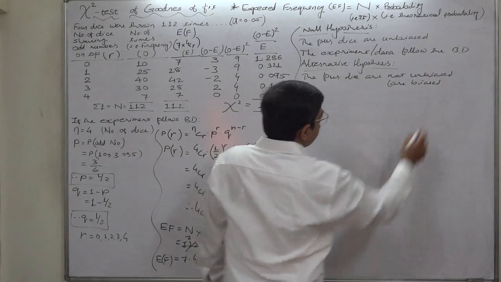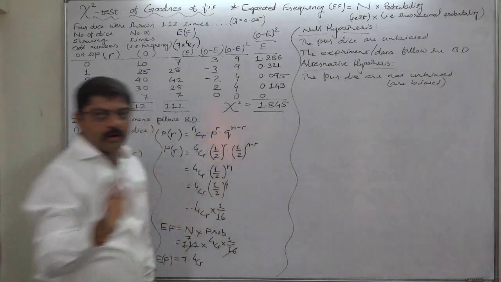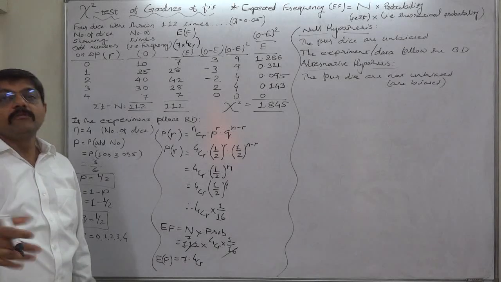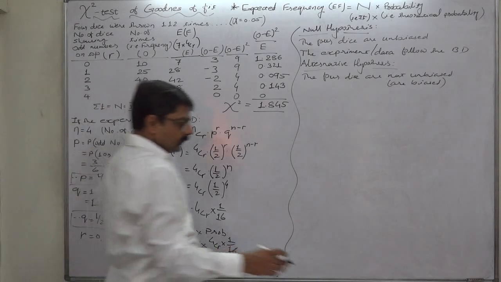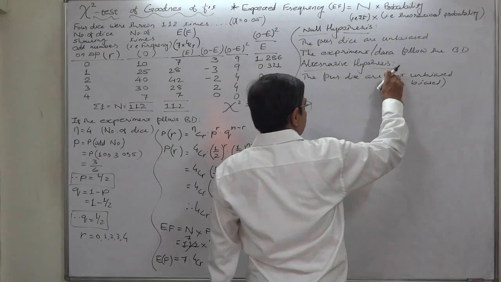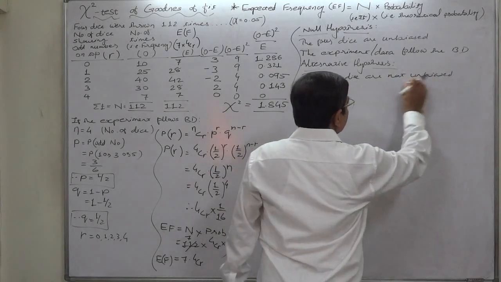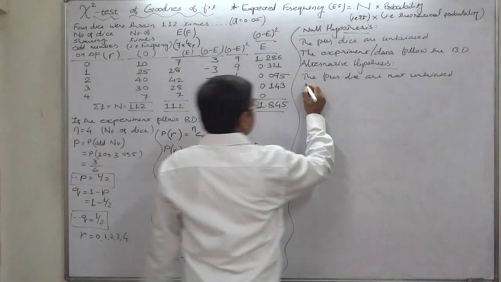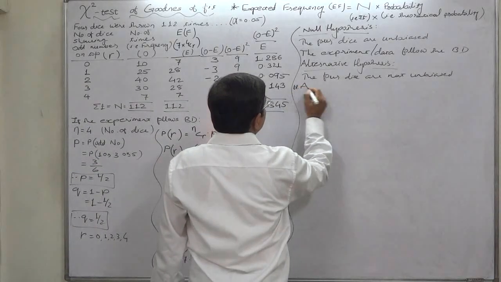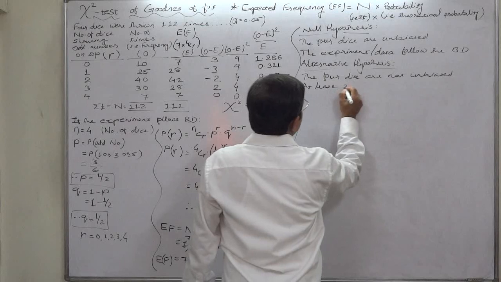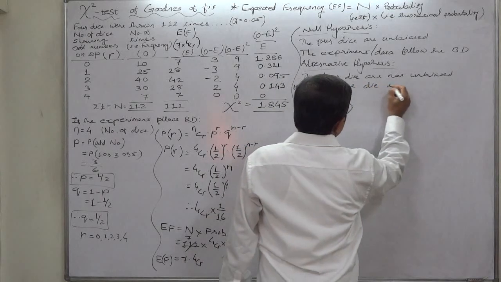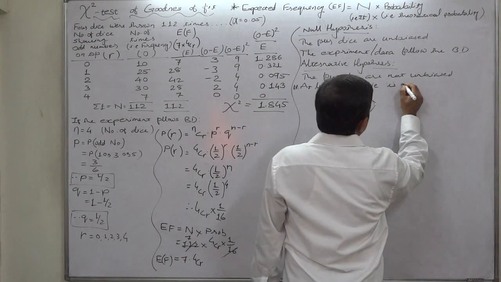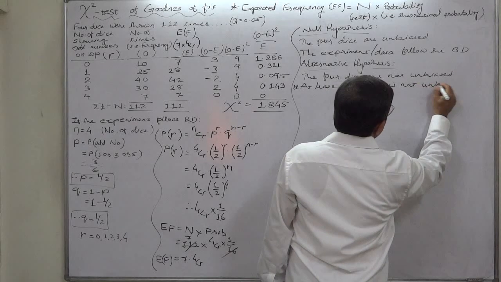Actually, it is not necessary that all 4 are biased or not. Any one of 4. At least one, rather. And because of this, it becomes a one tail test. At least one die is not unbiased.